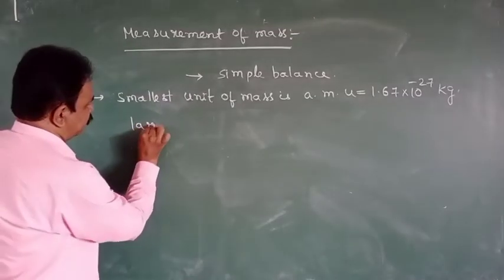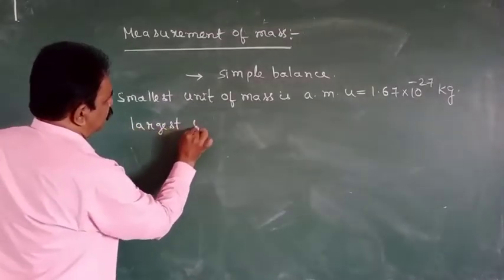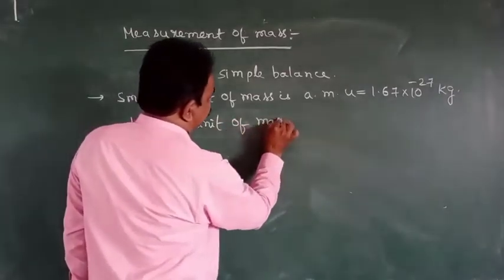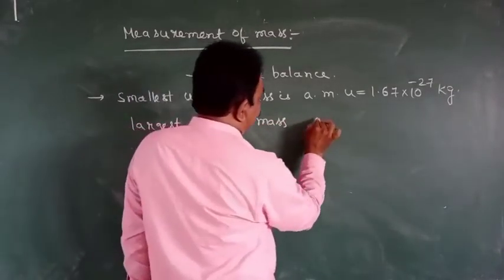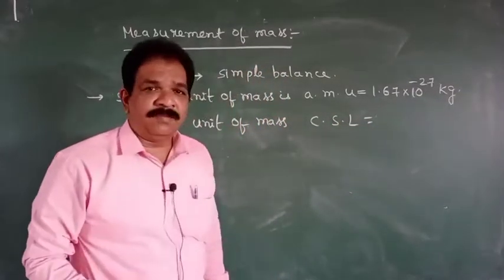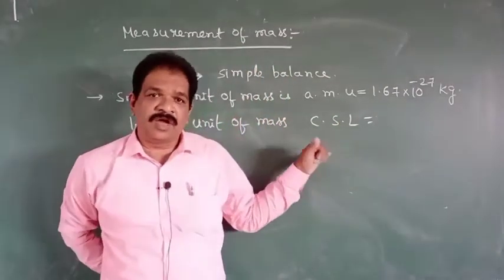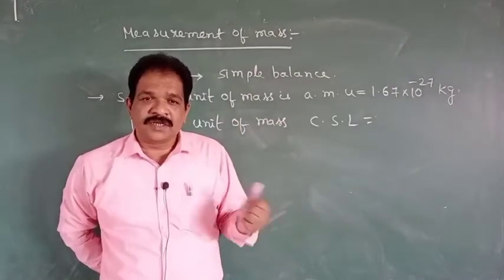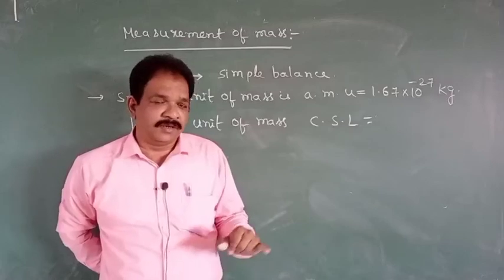The largest unit of mass is CSL, the Chandrasekhar limit. Actually, this is named after our Indian scientist Subramanian Chandrasekhar, nephew of C.V. Raman.